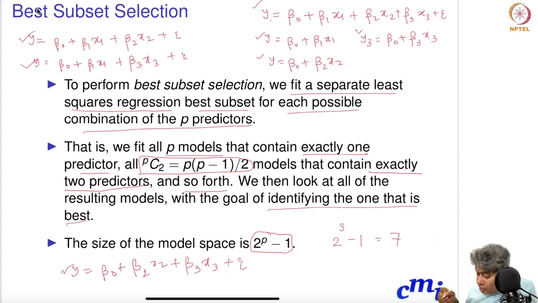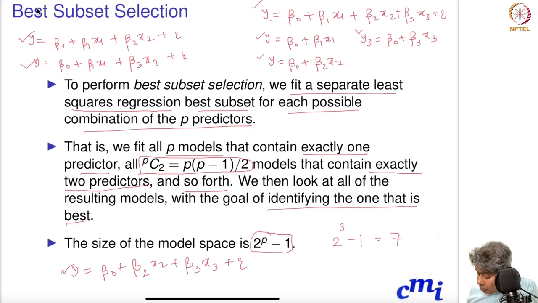If there are 3 features, then you can fit 7 models, and for each model you can calculate the RMSE and see which model has the least RMSE. That means that model has the best accuracy. You choose that model as your final model.